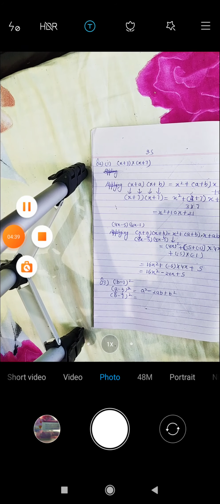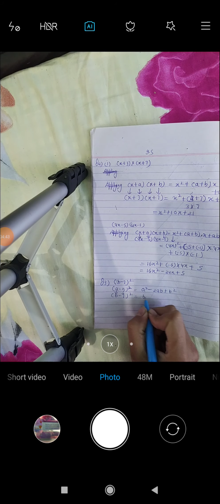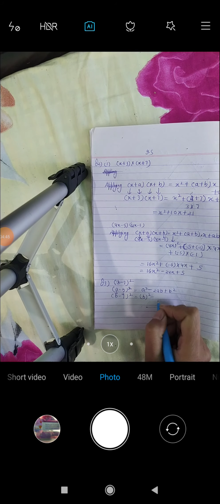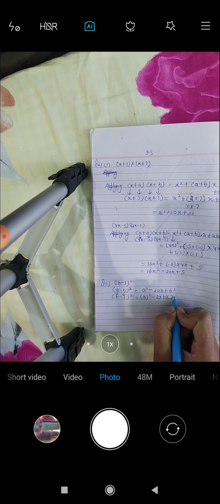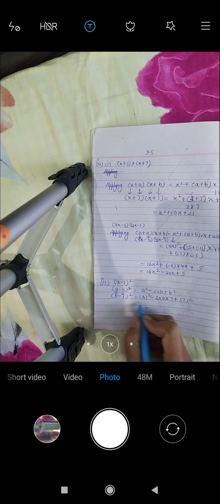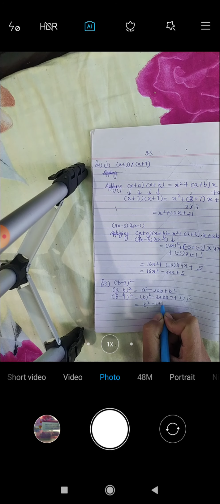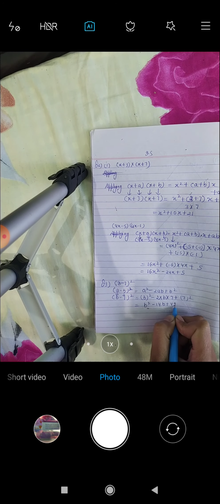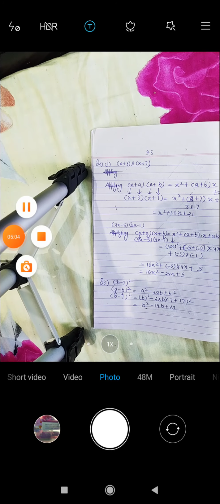So after substituting all the values we have b² − 2 multiplied by b multiplied by 7 + 7². After solving this step we have b² − 14b + 49. It is the solution of the first part of the third question.